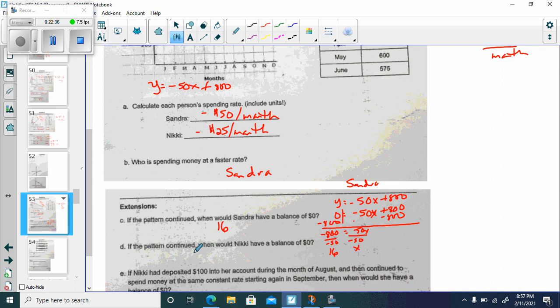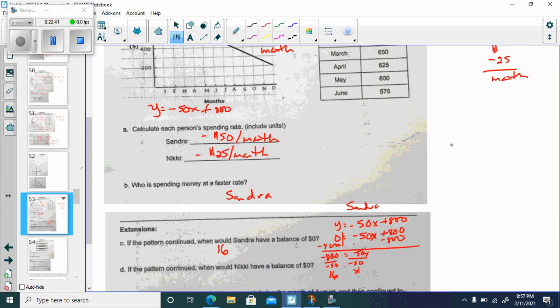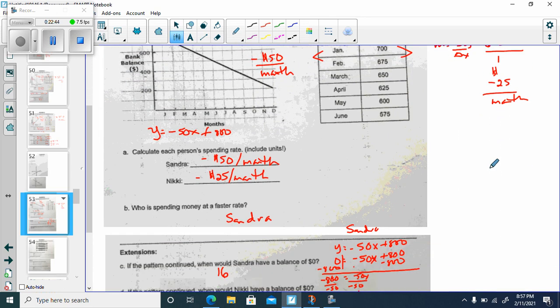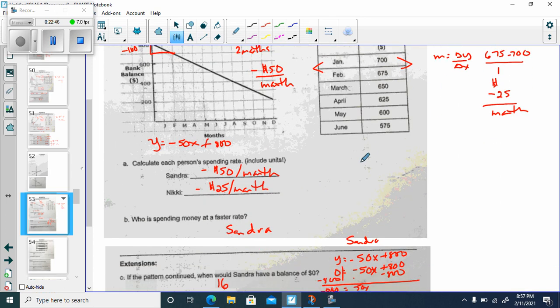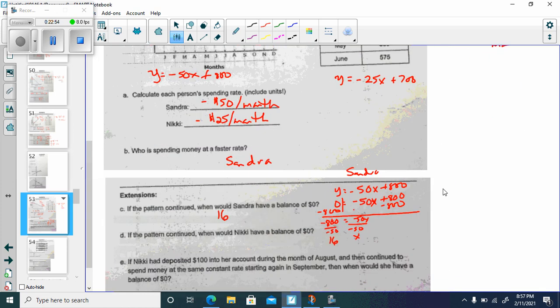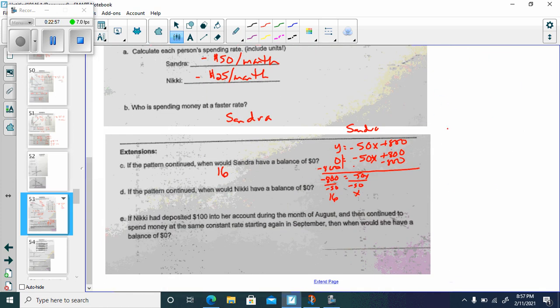If the pattern continued, when would Nikki have a balance of 0? Well, let's find Nikki's equation. Nikki's got negative $25 per month, but she starts with $700. So her equation is y is equal to negative 25x plus 700. We're trying to get to a balance of 0.